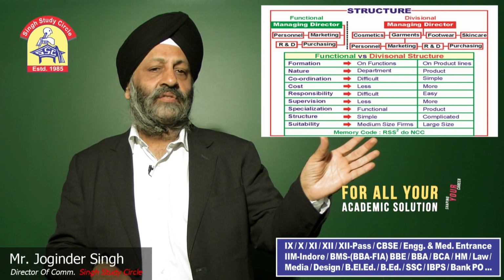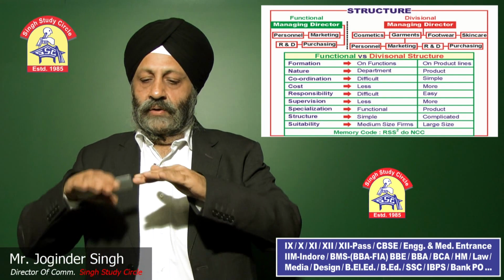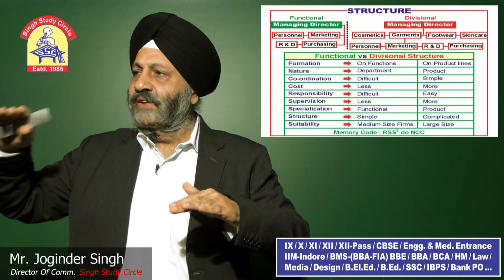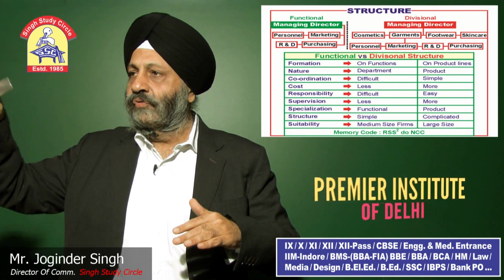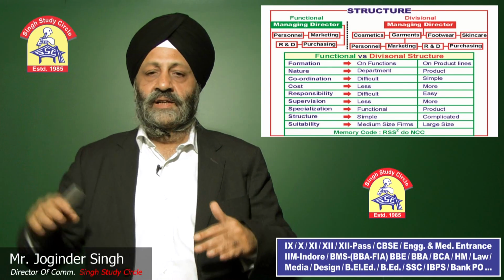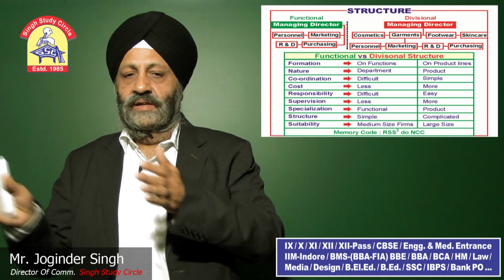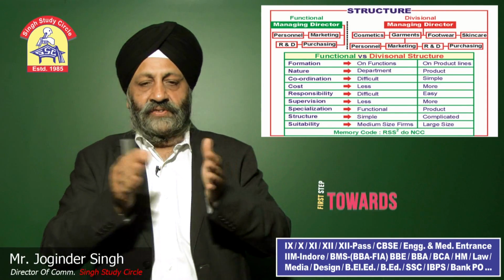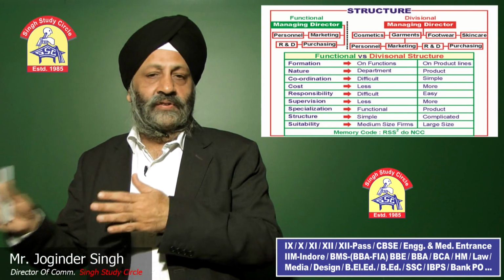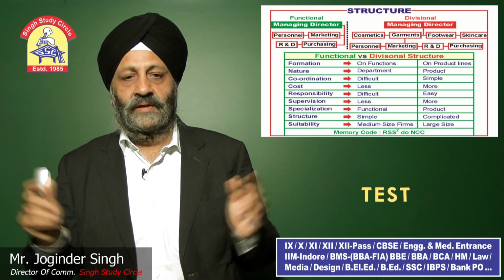So then they were following a functional structure. Now Tata has diversified into different fields: Tata Namak, Tata software, Tata vehicles. Then they followed a divisional structure. In a divisional structure, a company has different departments for different types of products. That is called a divisional structure.